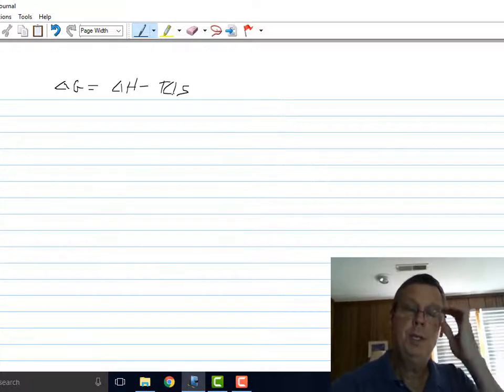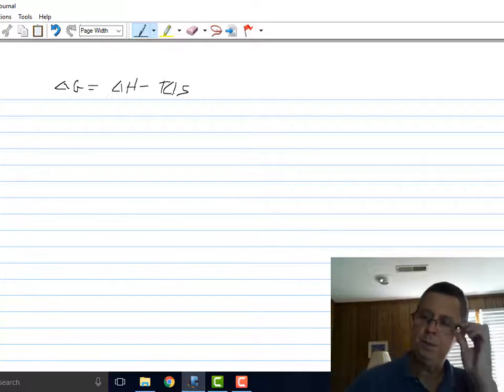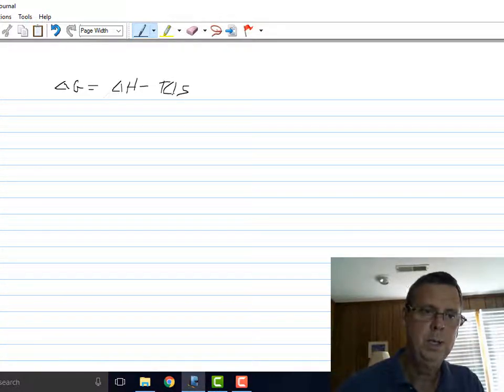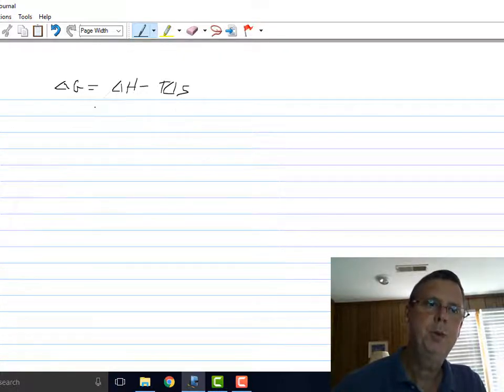The reason I'm showing you this is you don't often have the free energy values. Sometimes also you get more information from the enthalpy and entropy values. So it depends on what you're given. So with the tables in the back of the book, these are two different ways we can figure out these values. So I just wanted to clarify this. So in this case, we need to find the enthalpy and entropy for this reaction.